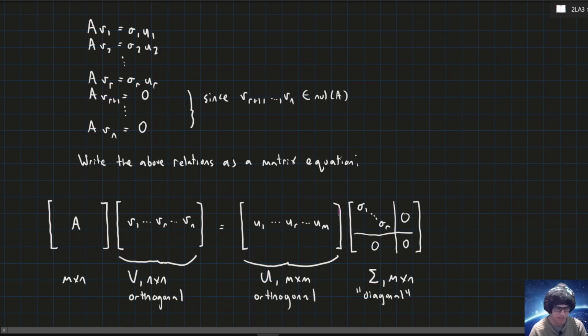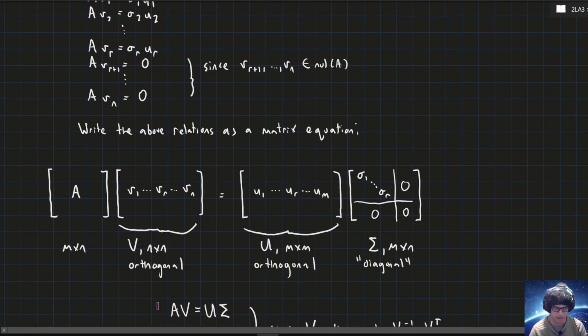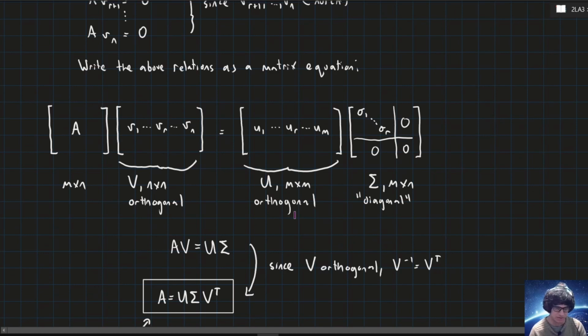Now we have this equation, and I'll write it as AV equals U sigma. Since V is orthogonal, that means it's invertible, and that means I can rearrange this equation to isolate for A. So I have A equals U sigma V transpose.